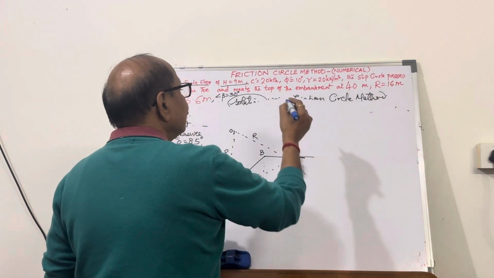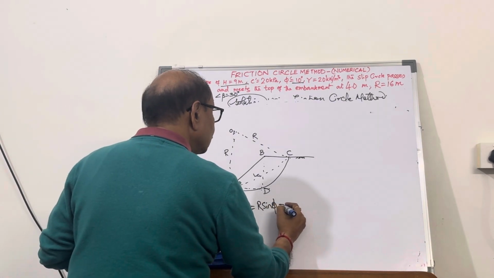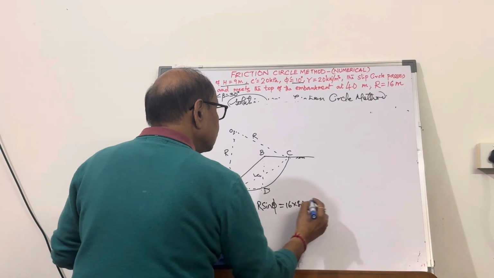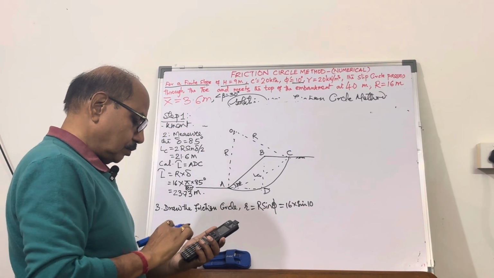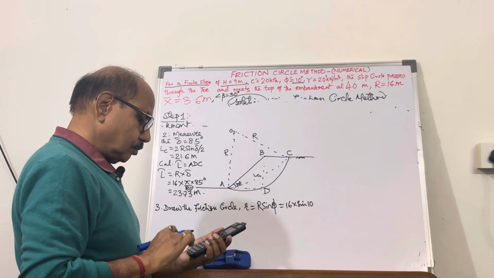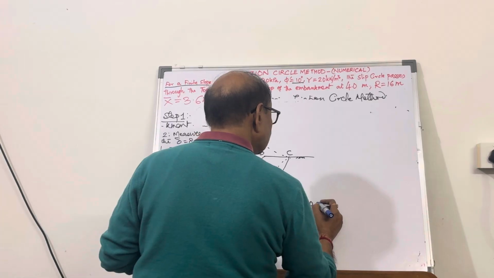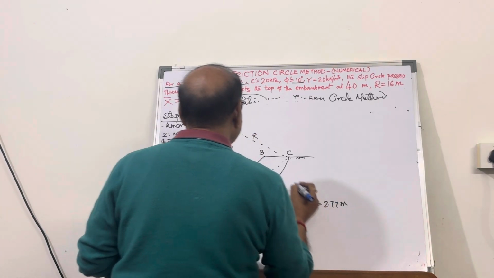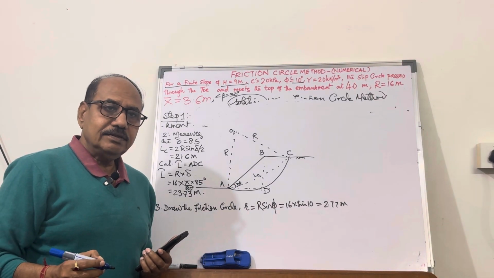Now phi is given over here. So it becomes 16 sine phi, and you can calculate it. It is 2.77. So the radius of the friction circle is 2.77 meter.